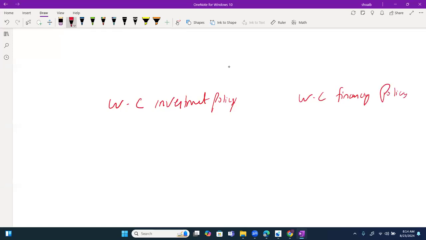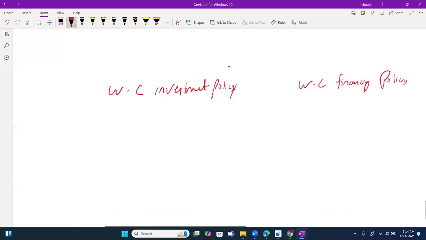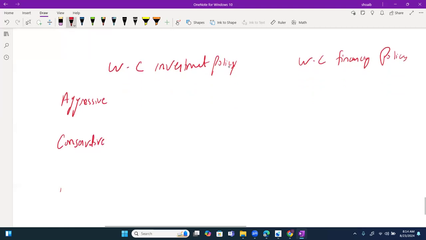So I am giving you the summary. Aggressive, conservative, matching. What is the meaning of aggressive working capital investment policy?